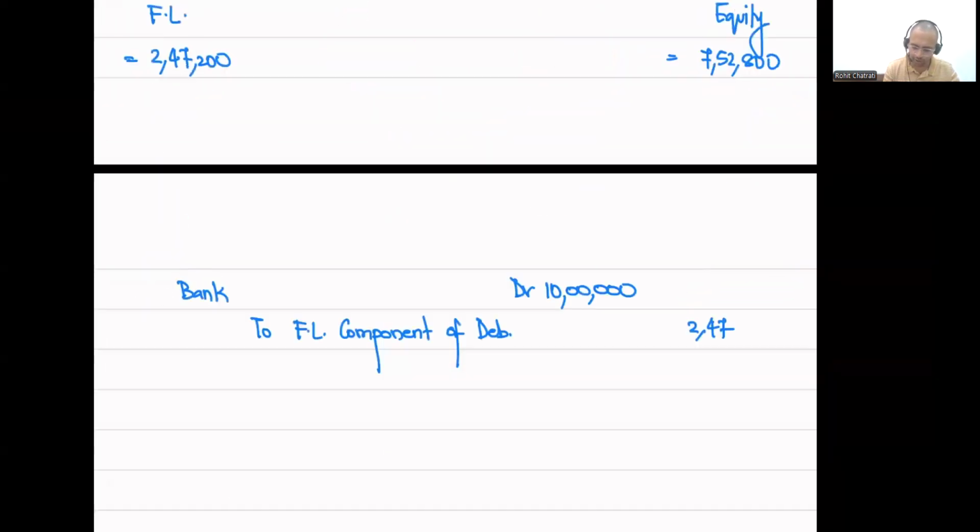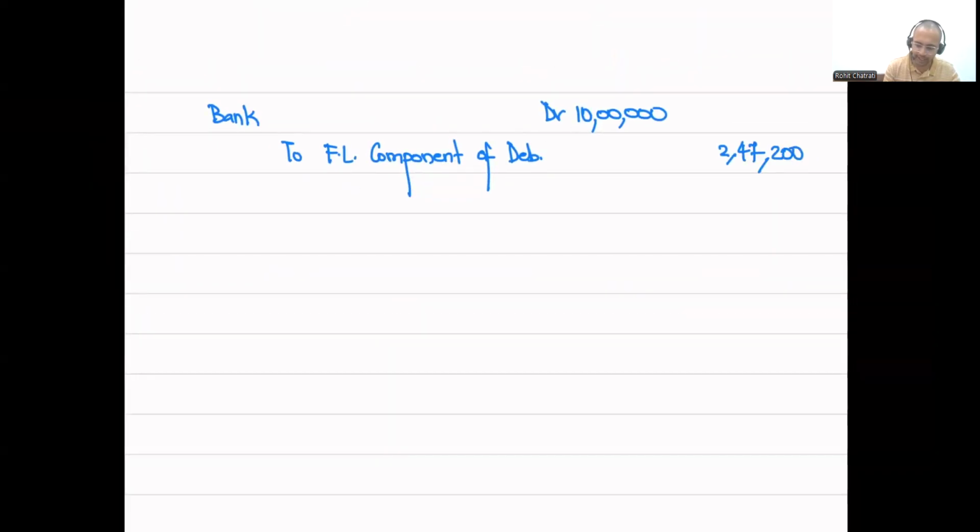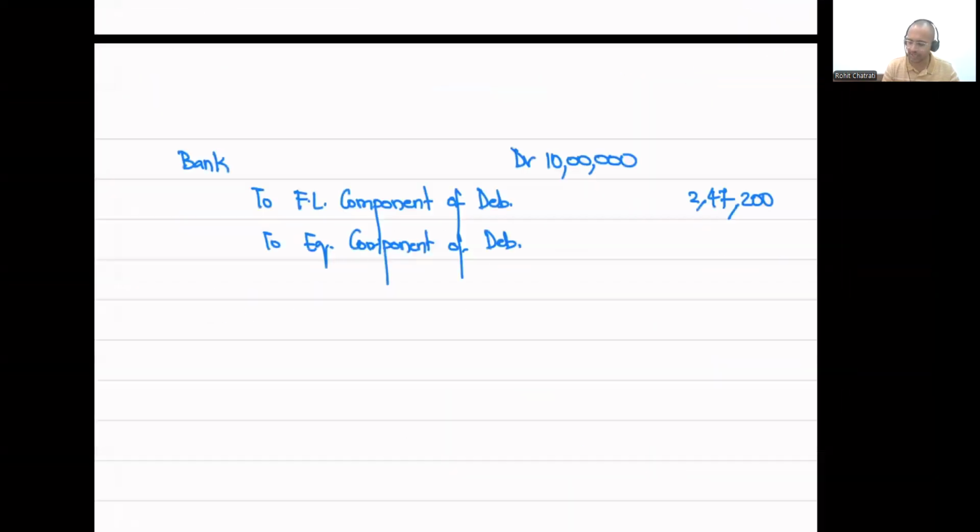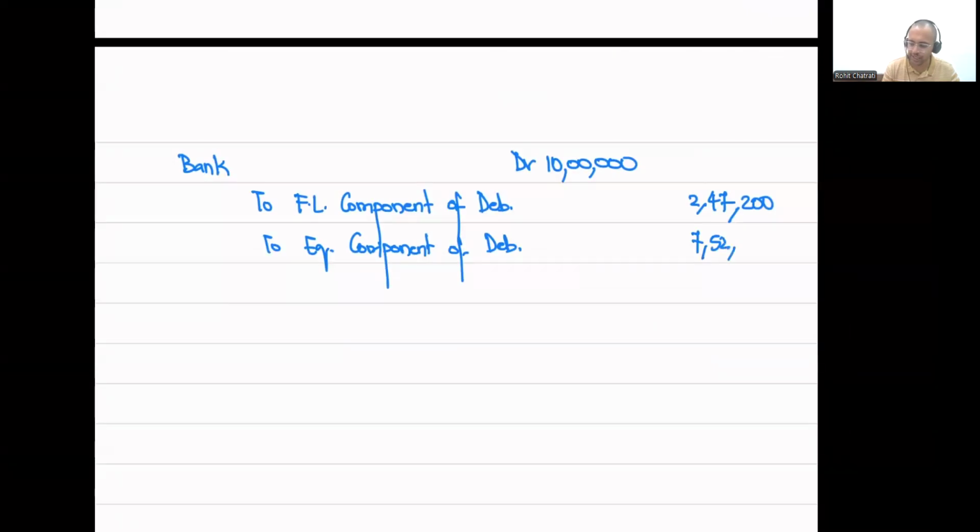The journal entry is going to be: I will debit bank by 10 lakh rupees, and I will credit financial liability component of debenture, which is going to be equal to 2,47,200, and equity component of debenture is going to be recognized as 7 lakh 52,800.